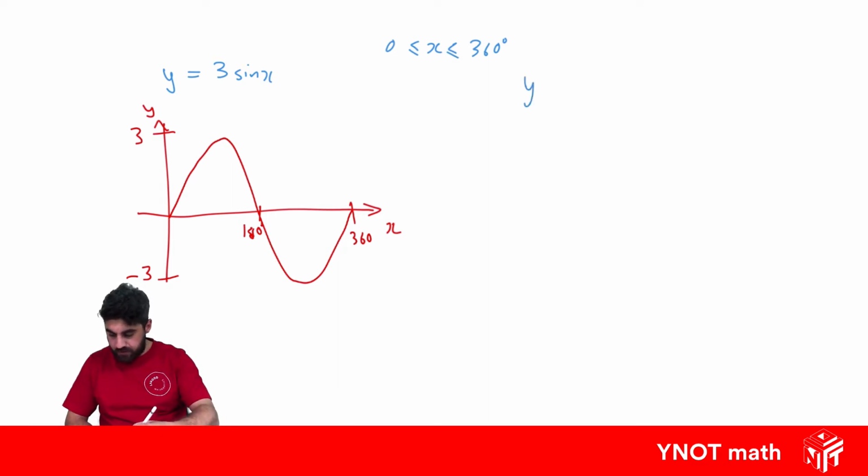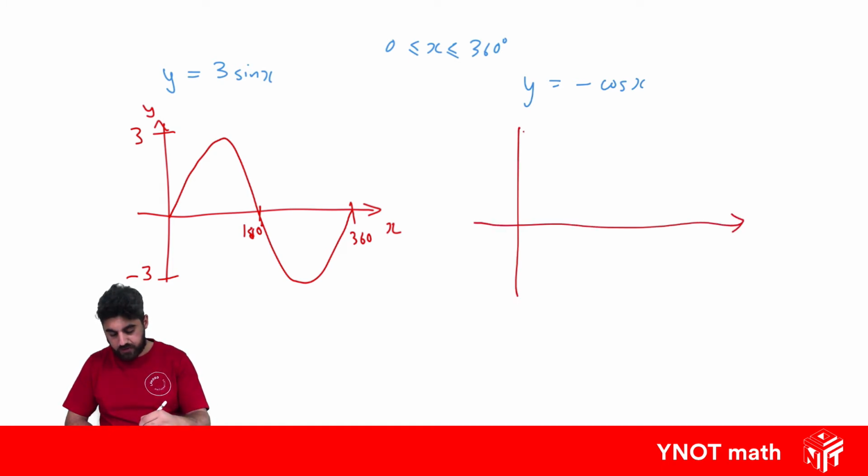What about y equals minus cos x? We're just using a simple graph transformation. We know if you put a negative out the front of any function, it flips it about the x-axis. So normally, we start at 1 and we come down and then back up.